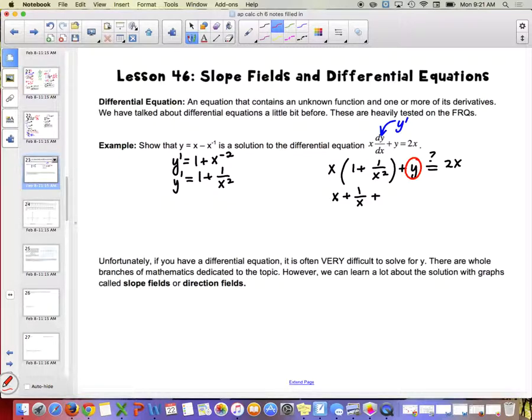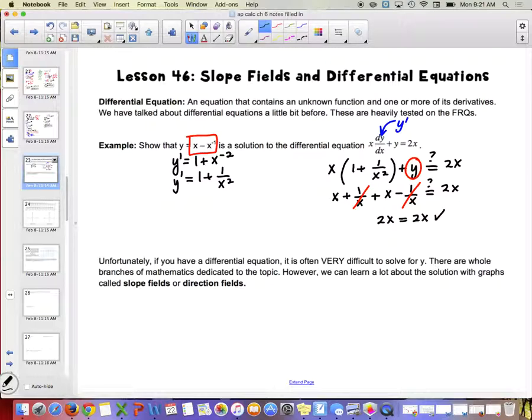But y is x minus 1 over x. So does it work out? Yes, the 1 over x and the minus 1 over x go away, so we get 2x equals 2x. So it is a solution to the differential equation. It may not be the only solution, but it is a solution.